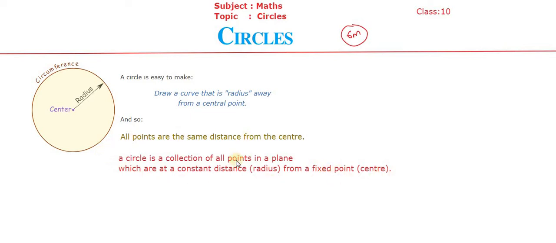You can even write like this in the classwork. So in the classwork, draw this diagram. First you write what is a circle. Write: a circle is a collection of all the points in a plane which are at equidistance, the radius, from a fixed point, the center. And afterwards, if you want, you can write: or, in a circle, all the points are the same distance from the center.